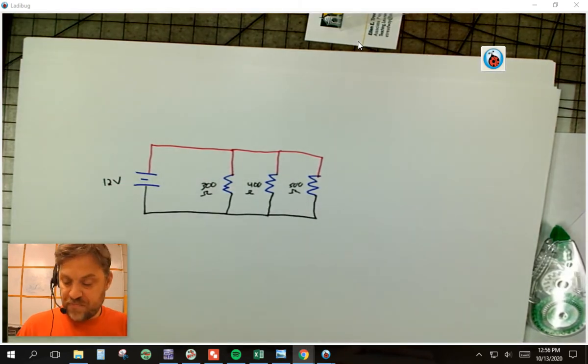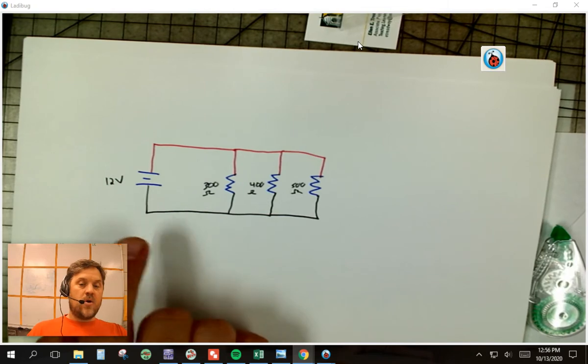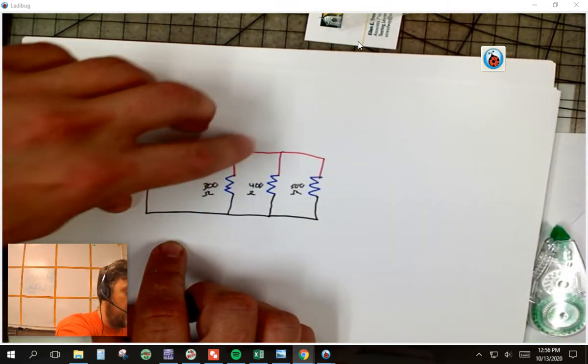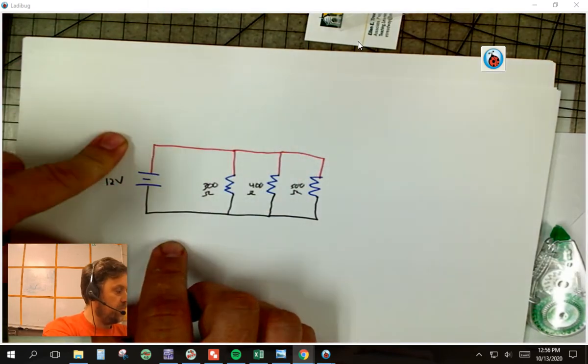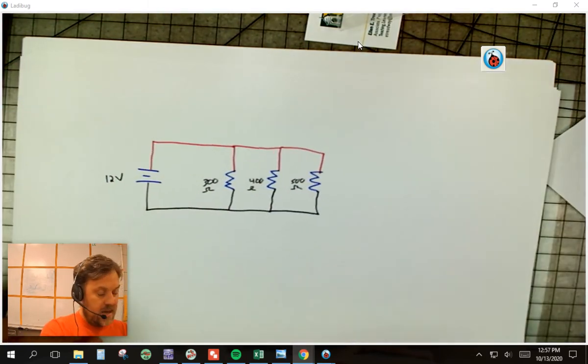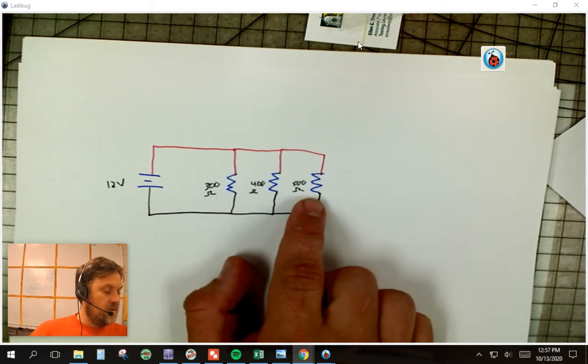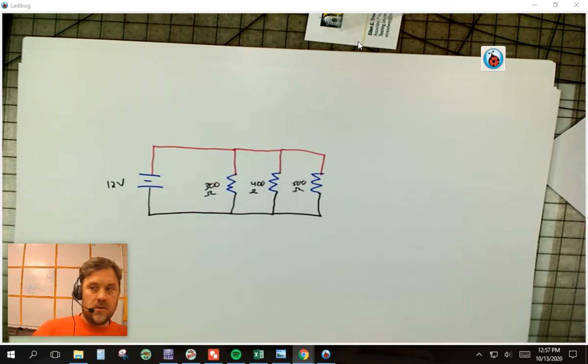Okay, so notice this. Think about going back to the water hose. If I had water flowing out here, it's going to divert into 3 different pathways, right? Well, if you thought about this, 500 is a bigger resistor, right? The more I resist, the less flow I'm going to get, right?